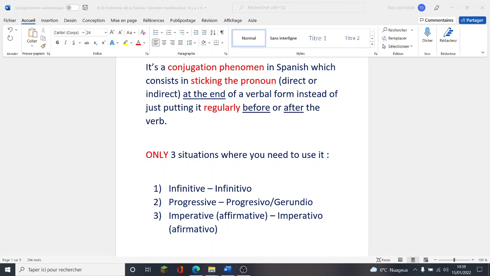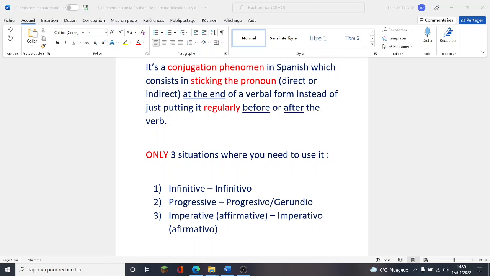So basically you need to do it for the basic verb, the infinitive one, and the progressive form, which is the equivalent of the -ing in English, at the end of the verb, to notice that the action is progressing.